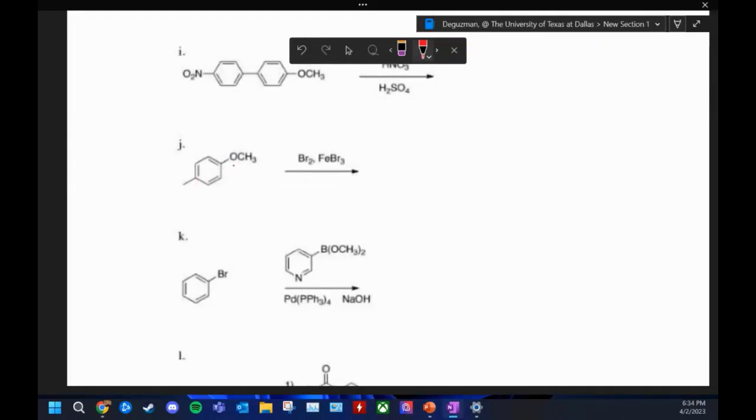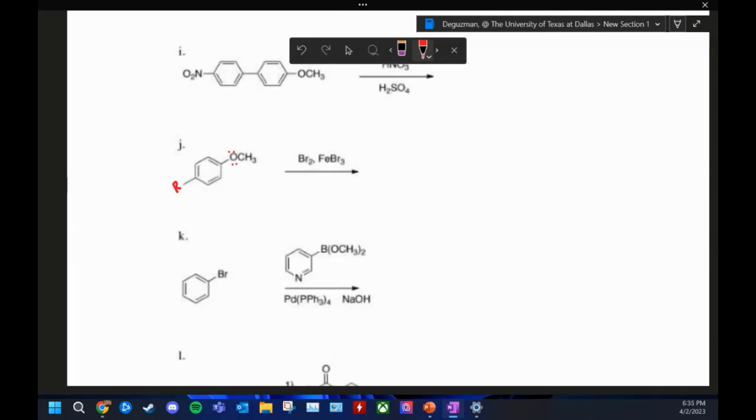Now it has 2 substituents. Let's look at OCH3. Is that withdrawing or donating? Donating, right? Yeah. So it has lone pairs right here. Donating, and then we have this R group here. Now R groups are also donating, right?